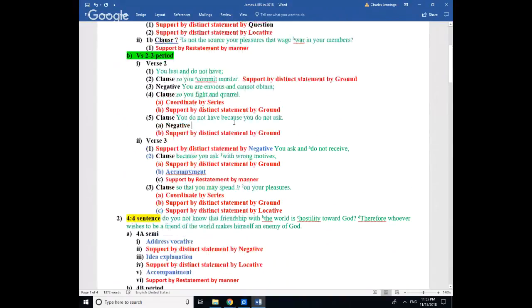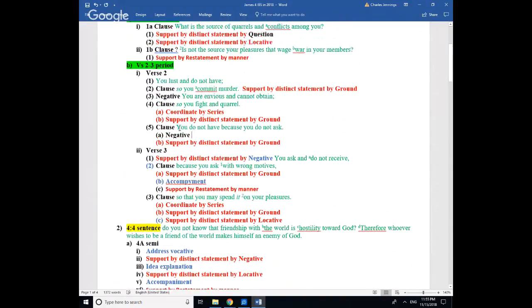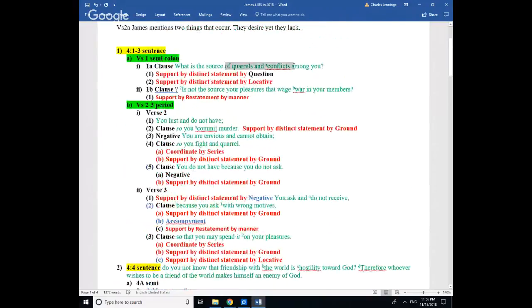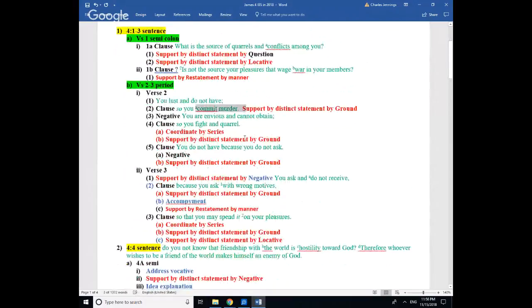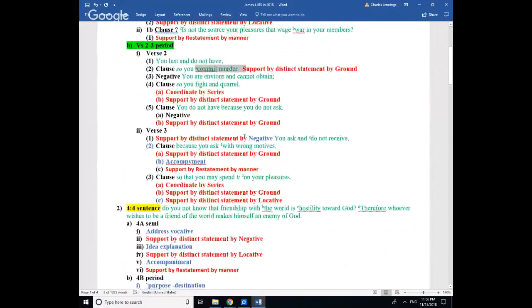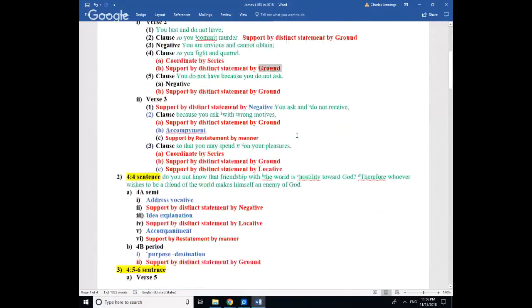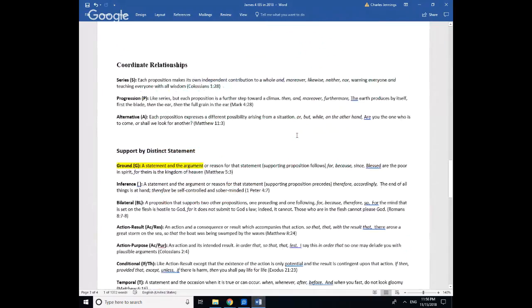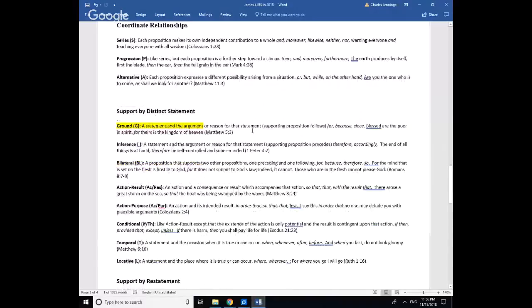This is something new. He's told us that there's conflicts, they wage war, they even commit murder. All right. But look, what is the ground? The way they use ground is this: a statement and the argument or reason for the statement, supporting proposition for, because, or since.